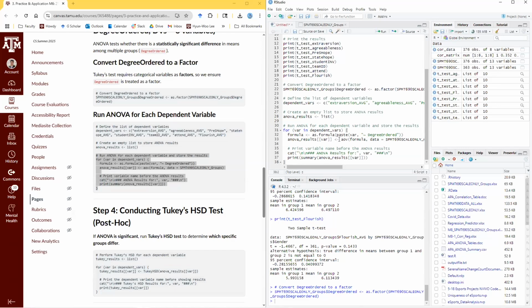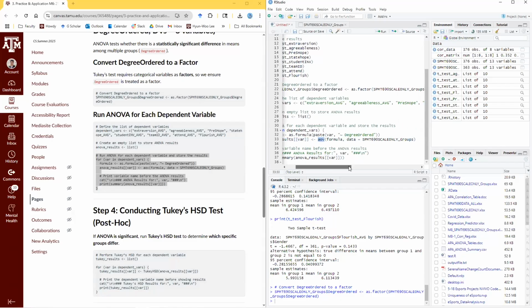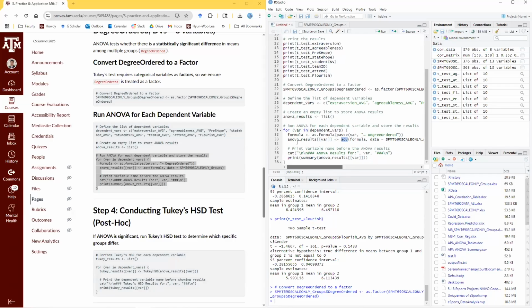And this is the ANOVA command in R. We're designating that the ANOVA results is a function of running the ANOVA command in R with our formula is that degree ordered is the factor and our data is from here. So that will run from our data set this ANOVA test where degree ordered is the factor.